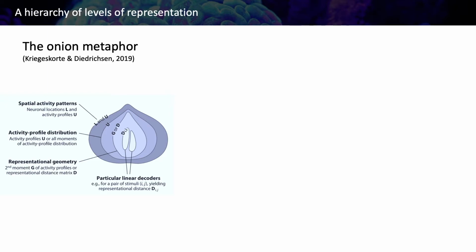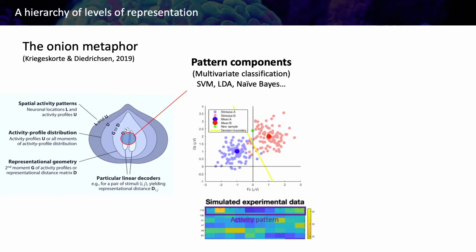And then once we go to the linear decoders, which are the classifiers, we are completely away from structure. We are completely away from geometry. What we just get is the code that can separate between different stimulus representations. So in this layer is where we find the pattern information, and what we can use is the support vector machine, linear discriminant analysis, naive Bayes.